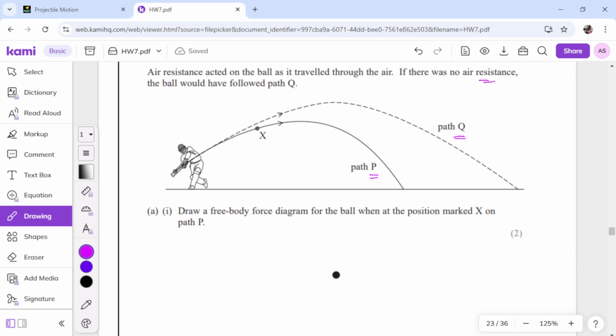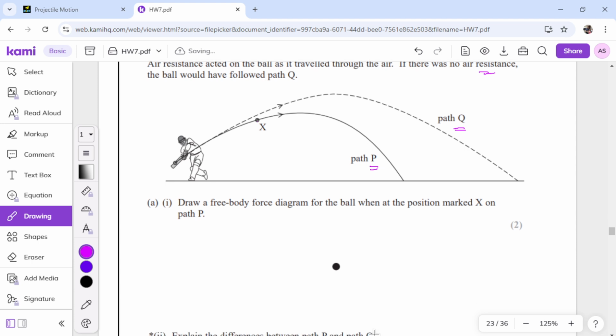At the position marked X we have to draw the forces, because we have air resistance. Of course we have weight, and we have air resistance in the opposite direction.